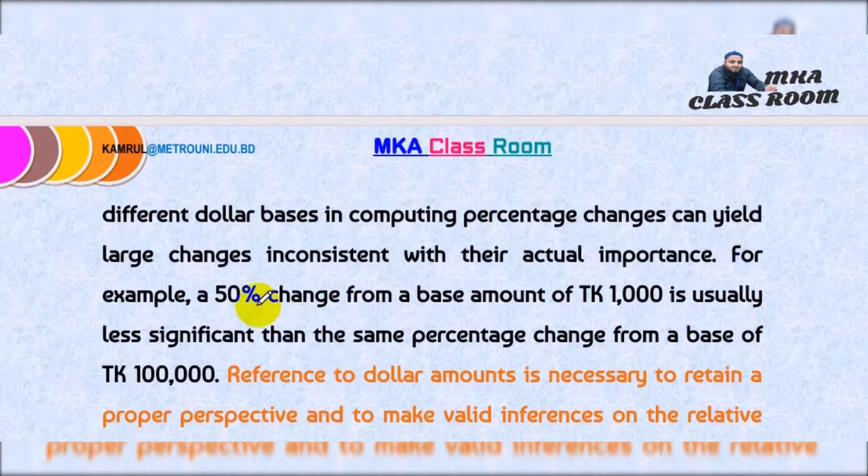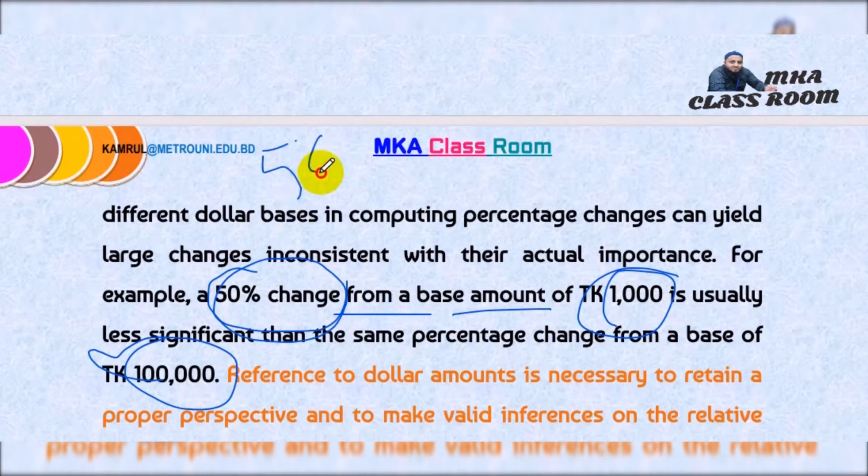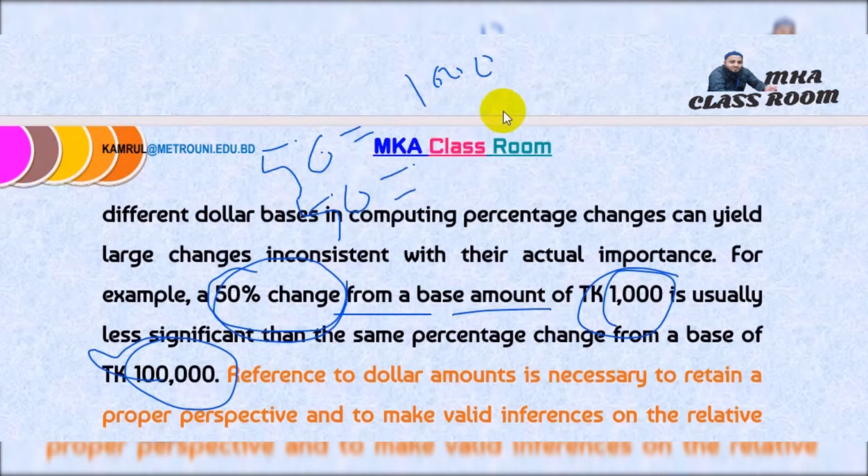For example, a 50% change from a base amount, one is 1000 taka, another is 1 lakh taka. So these two amounts cannot be treated the same. Here 50% equals 500 taka, and here 50% equals 50 thousand taka.